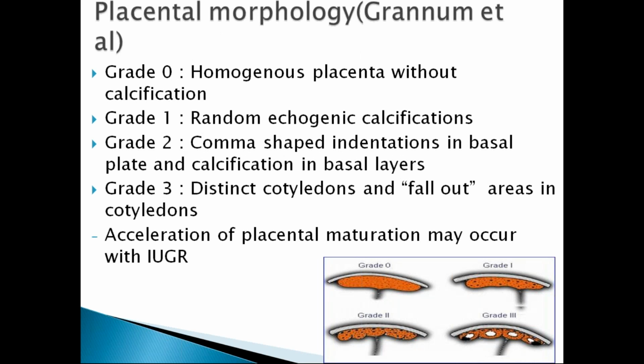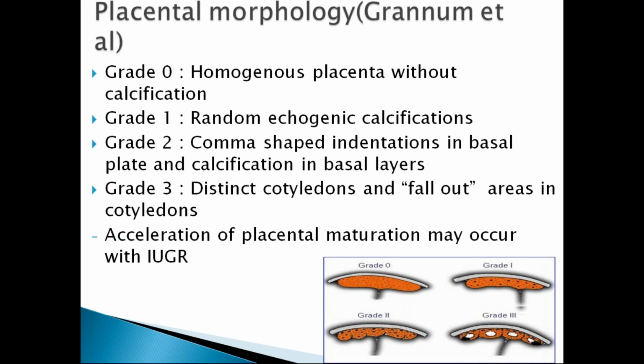Then placental pathology. If there is hypoperfusion, the volume of the placenta will be less. Normally, the volume and weight of the placenta should be one sixth of the baby's weight. But in case of IUGR, both will be decreased. Placental grading: a constant homogeneous structure is grade 0 placenta.